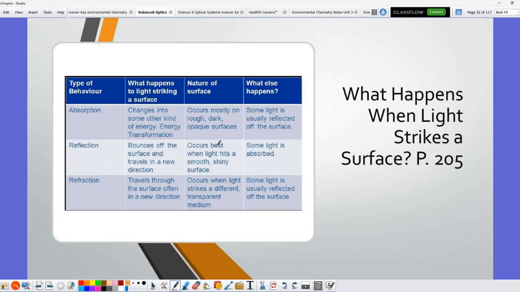It occurs best when it's light colored and smooth and shiny, but some of the light is also absorbed. And refraction is when you're going from one kind of material to another. Okay, and so some light is also reflected at the same time as well, and possibly some could be absorbed. But it's a question of which one is the majority of the behavior.